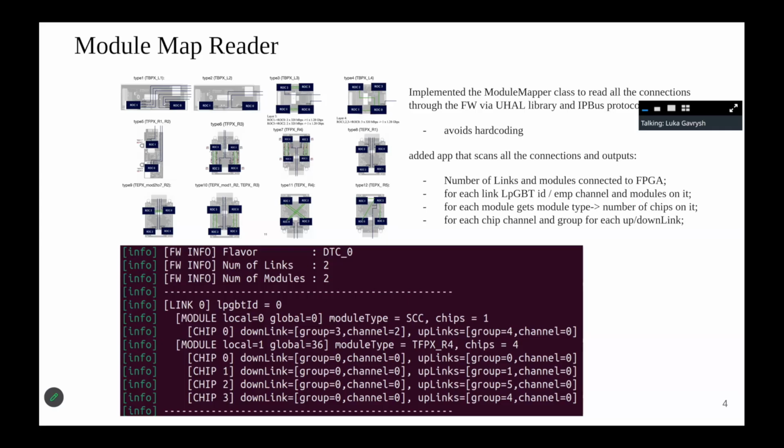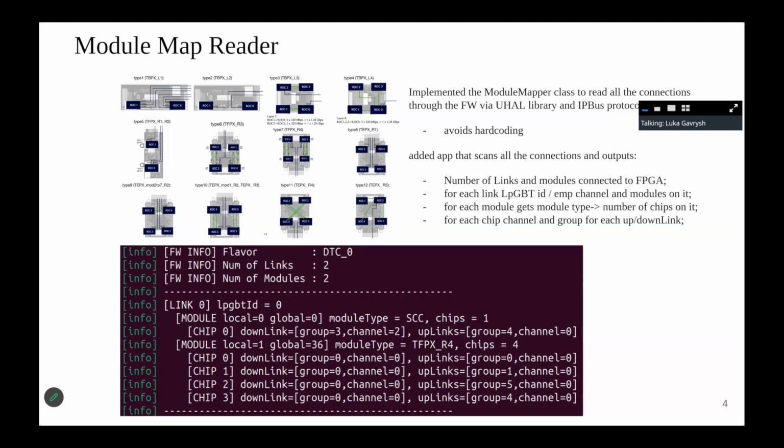It's a universal hardware access library. It's basically a C++ or Python software interface that is used to read and write the FPGA registers in a structured and portable way. And IPbus is a protocol and firmware system developed at CERN for slow control of FPGA-based hardware over Ethernet.